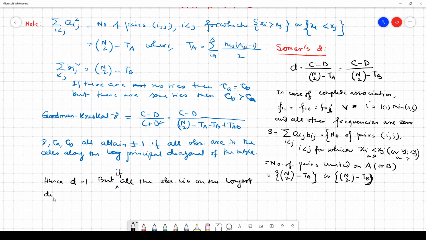If it is square, the longest diagonal and principal diagonal are the same.